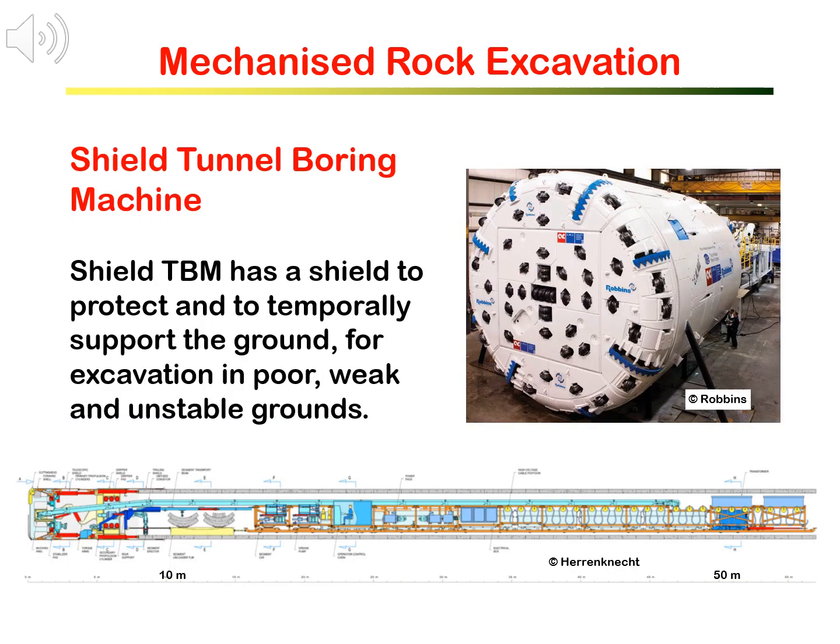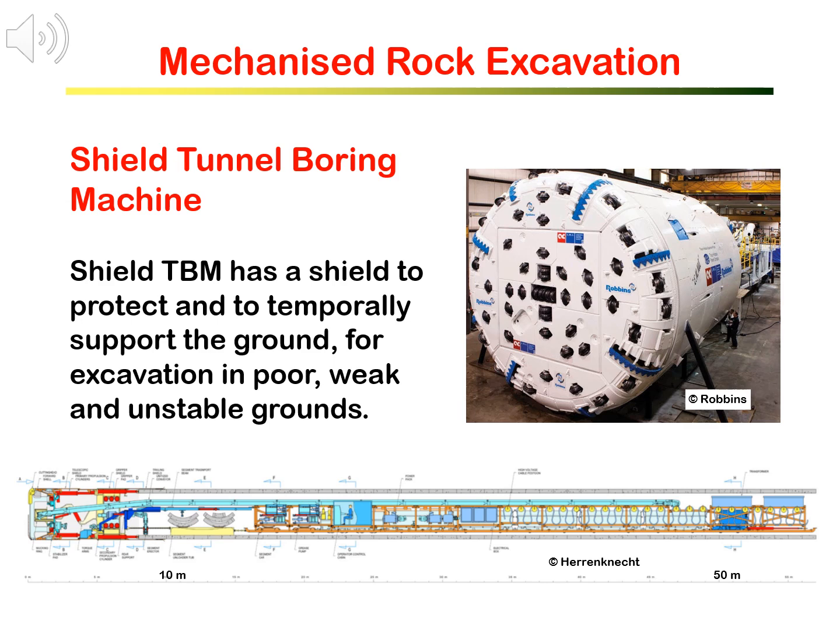A shield TBM, on the other hand, has a shield behind the cut head. The shield is really a metal ring to temporarily hold the ground, while people can walk inside the shield to erect the segmental lining. Shield TBMs are for excavation in poor, weak, and unstable grounds.